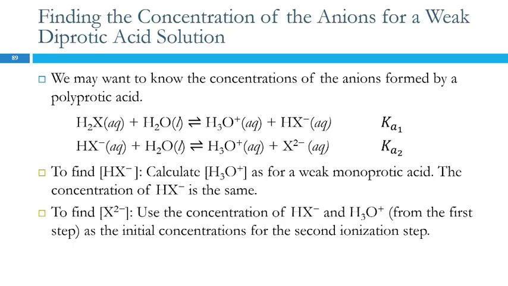So we're going to take this guy, right? This acts as an acid. We're going to make an ice table for this, but now we have to use these concentrations from the first equilibrium as the initial for the second step.